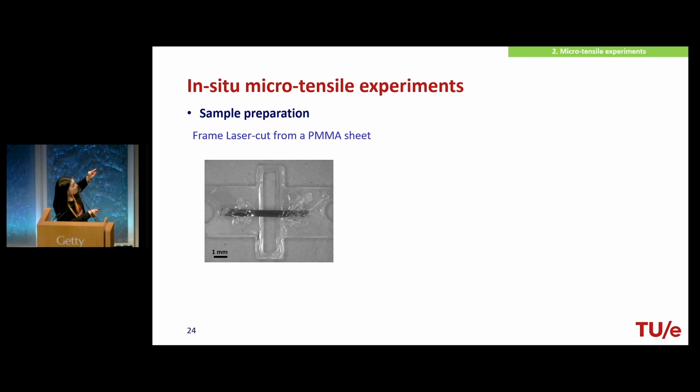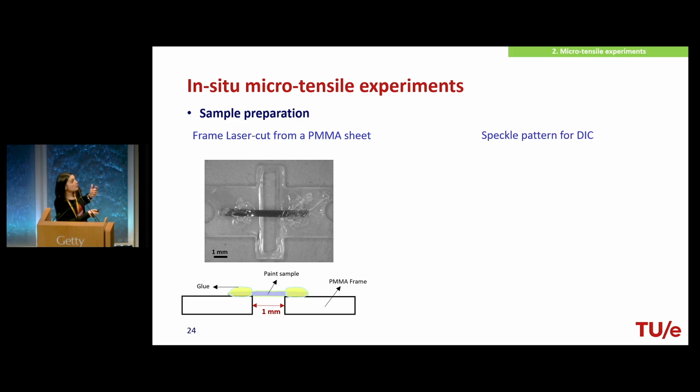The sample is constrained to a laser cut PMMA frame that has 2 bridges, and I will show you later that these bridges will be cut before the tensile testing. Also, fashion detail, we use nail polish as the glue. It proved to be a very convenient glue to fix the sample to the frame. This is the cross-sectional view that you can see. And as I mentioned, we use an in situ methodology, so we take images and process them to get accurate deformation.